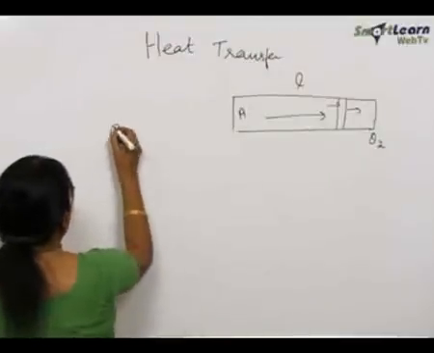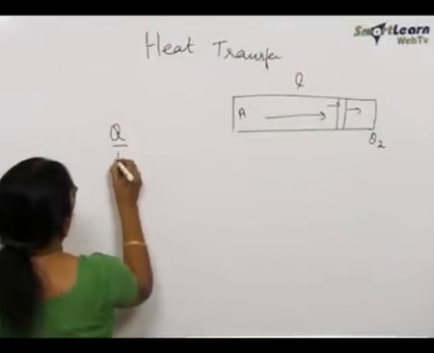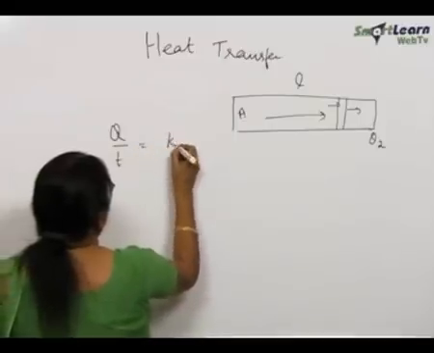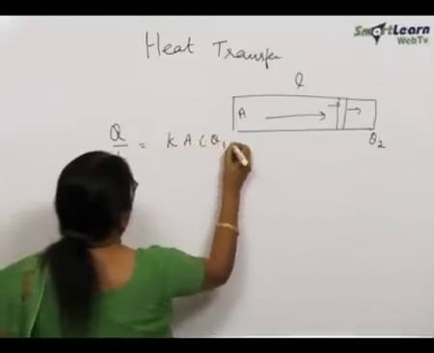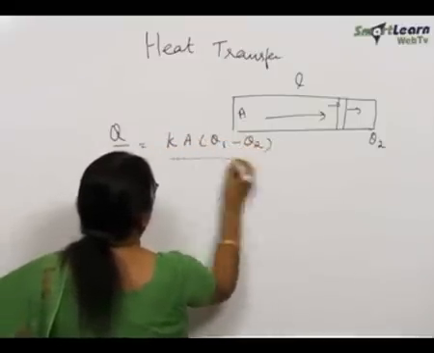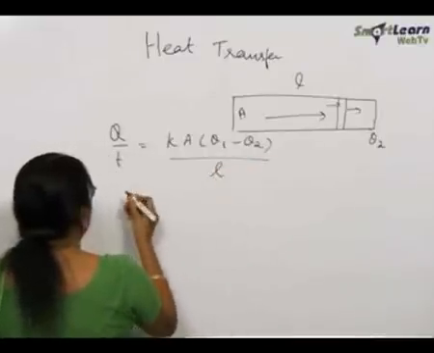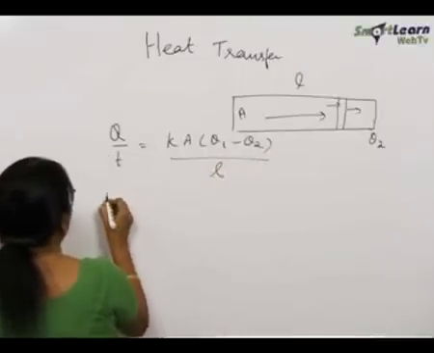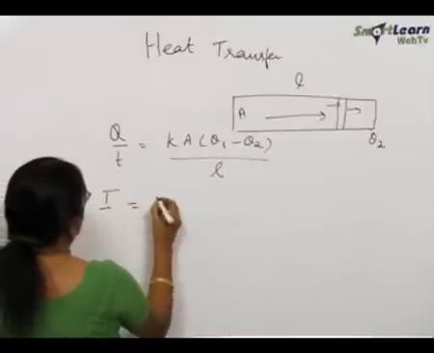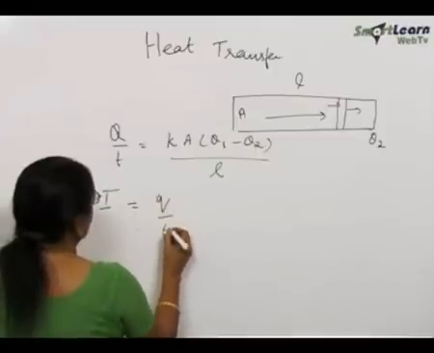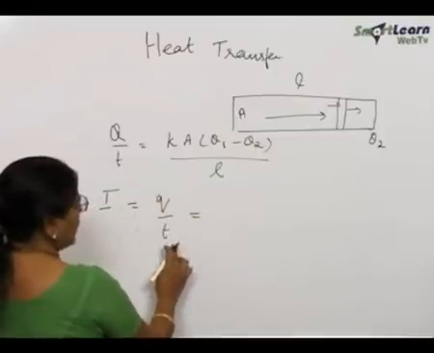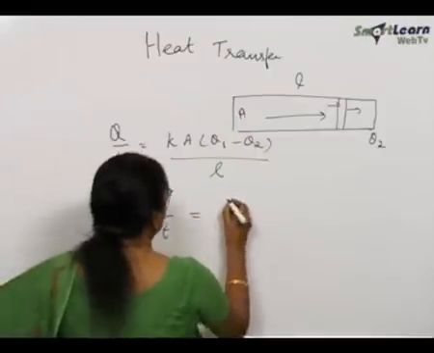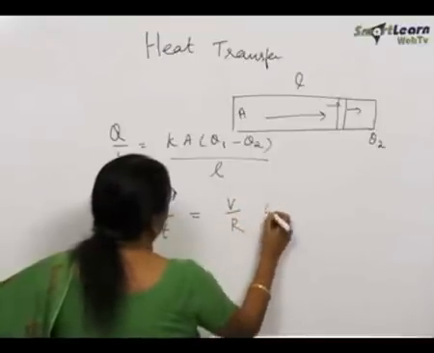Now let us consider this equation Q by T equal to K A (theta 1 minus theta 2) by L. Let us compare this with the flow of electric current, which is due to the flow of charge per unit time, and this is equal to V by R, Ohm's law.